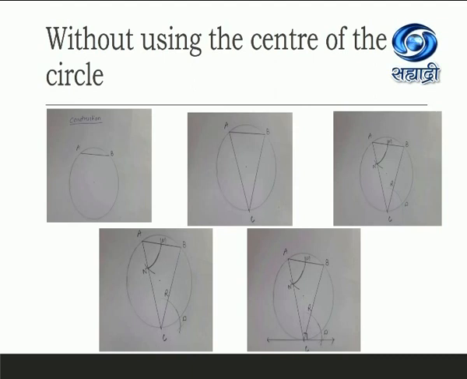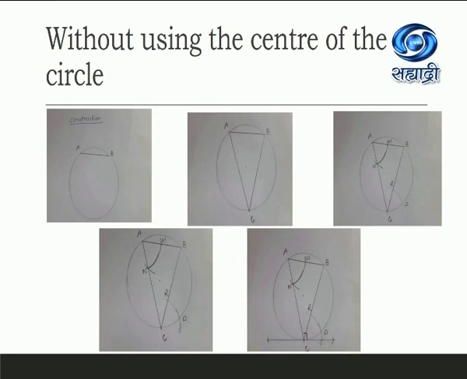Then taking the radius as MN, draw an arc keeping the pointer at R. You will get a point of intersection. Let the line pass through that, that is the tangent. And how is it a tangent?